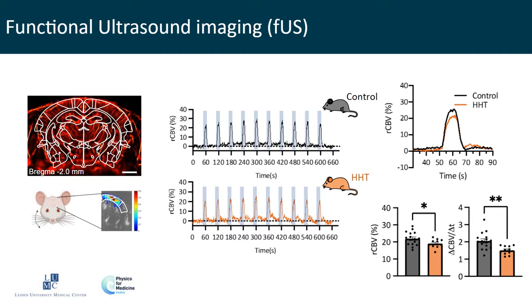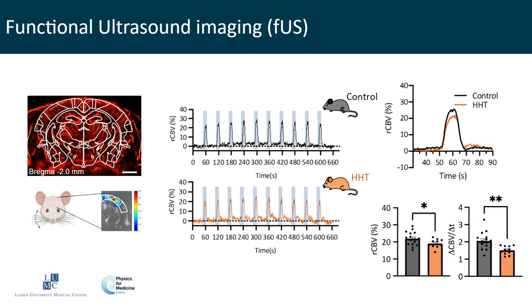Then we compared control and HHT mice. In the middle panel, you have the result of the accumulation of 10 peaks from different mice. You can see the two curves, the black and the orange one. The control is the black and the orange is the HHT. What we learn from the FUS is that HHT mice are defective in the ability to respond to hyperemia with stimulation, and there are two main effects.